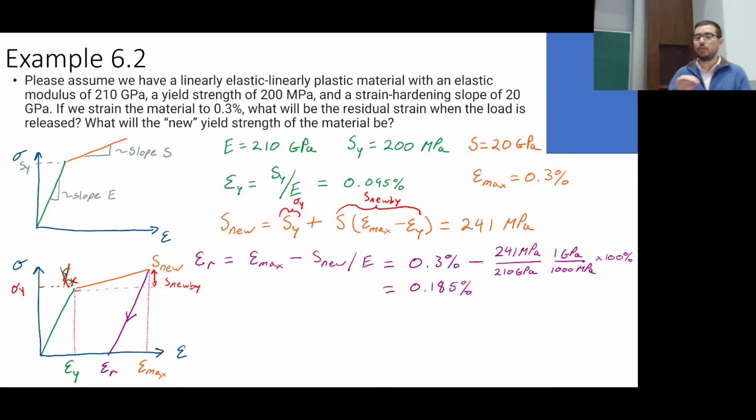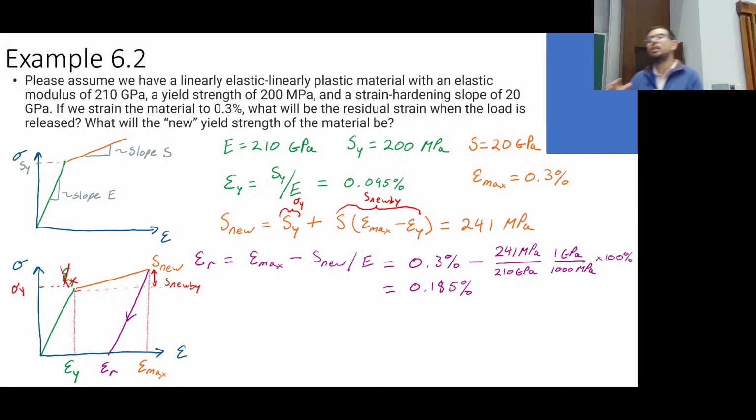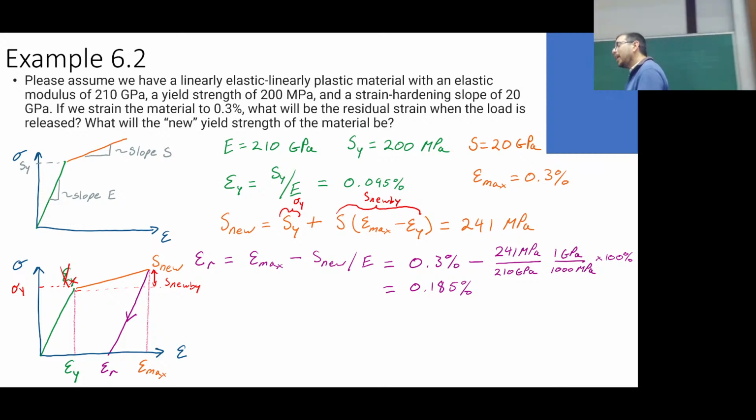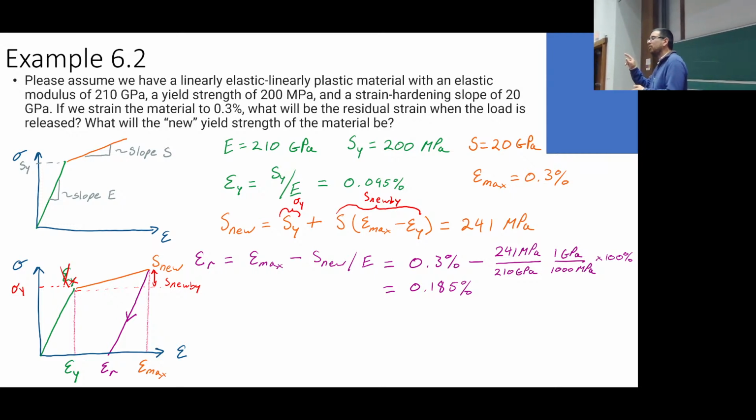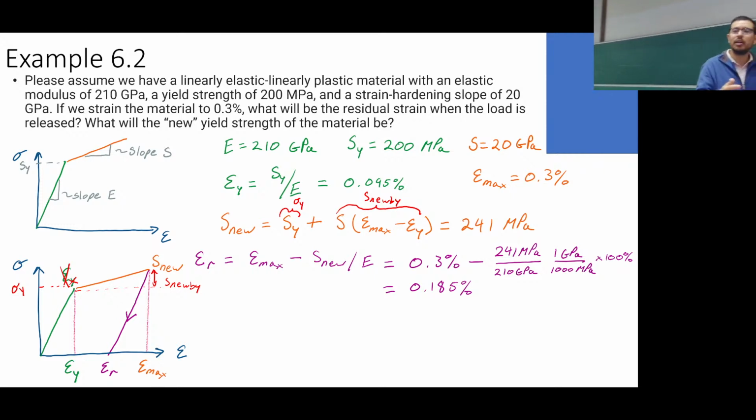But if it's a linear elastic, linearly plastic model, now I've got to go up that curve and figure out where I am on that curve. And if I say, calculate the residual stress, you'd be like, I don't know how to do that. Actually, the residual stress in this case, I should point that out.